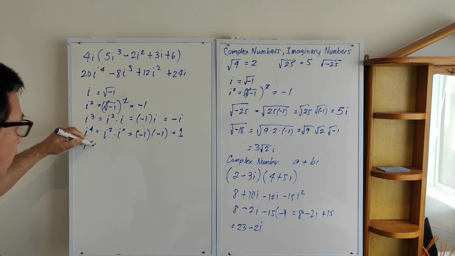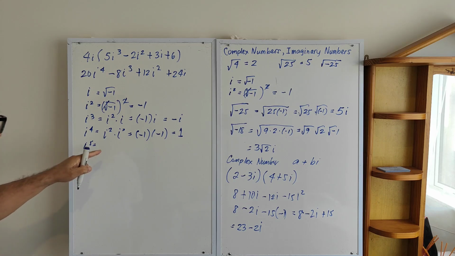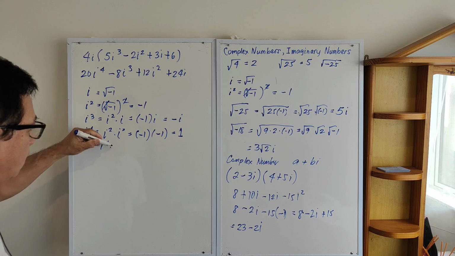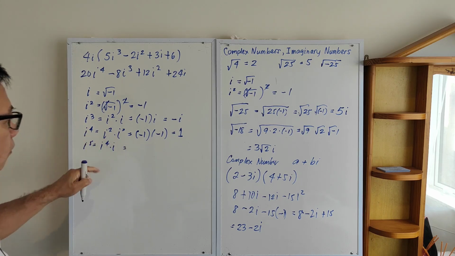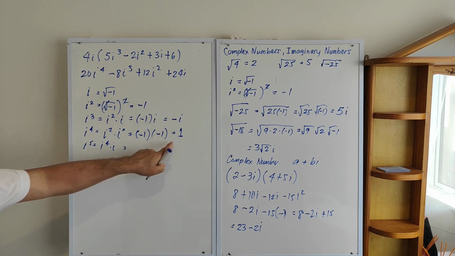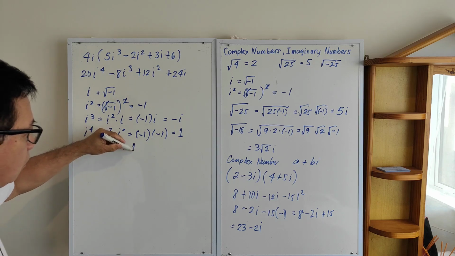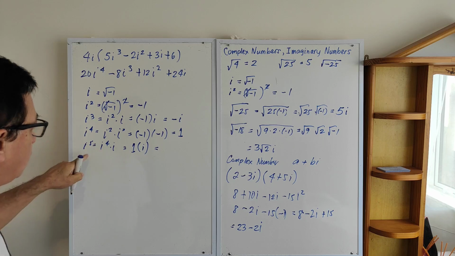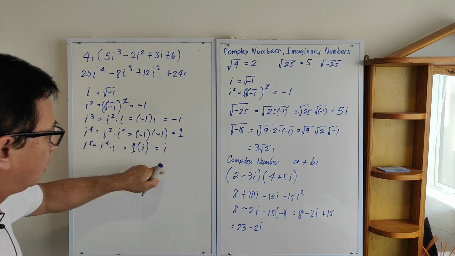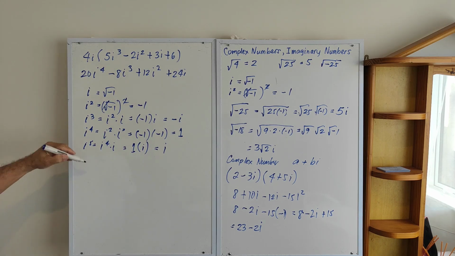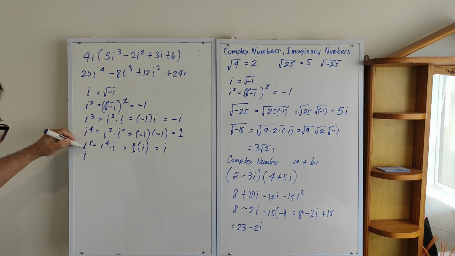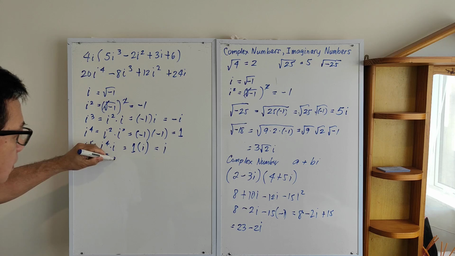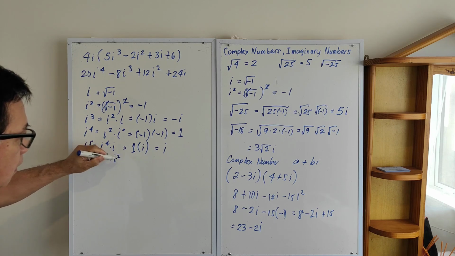i to the 5th, we can separate it into i to the 4th times i. Now, we know that i to the 4th is equal to 1, so 1 times i. So i to the 5th is also equal to i. Let's say i to the 6th. This will be i to the 4th times i squared.